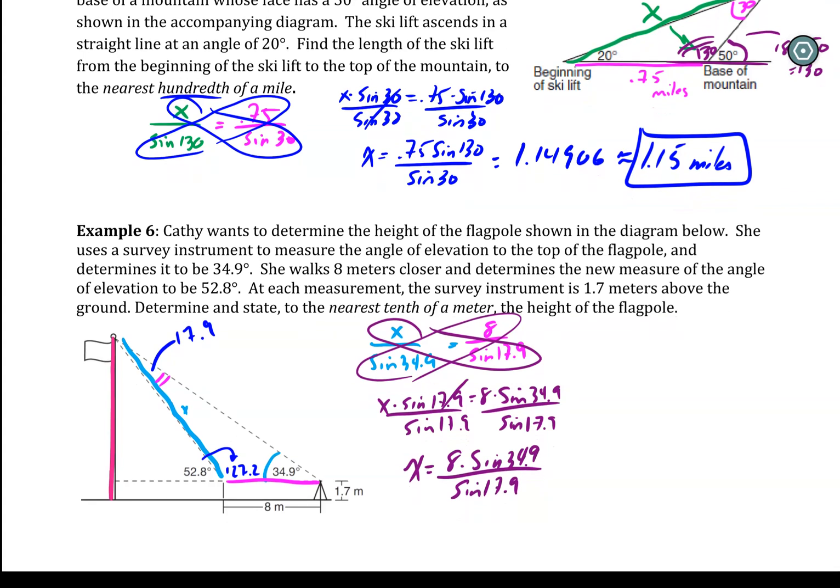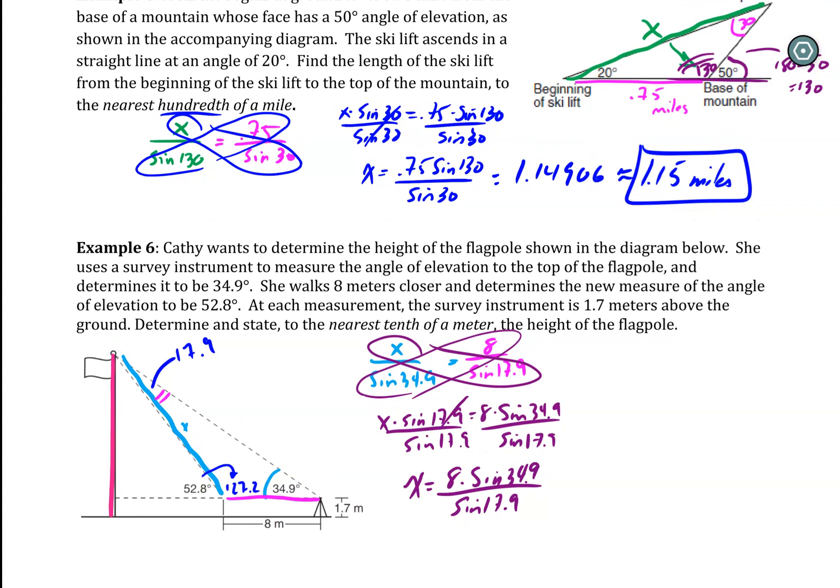Now, I'm going to hold off for a second because that's going to be a big decimal, right? You could find it, it's fine. But actually, you know what, I'll just plug it in real quick to show you.